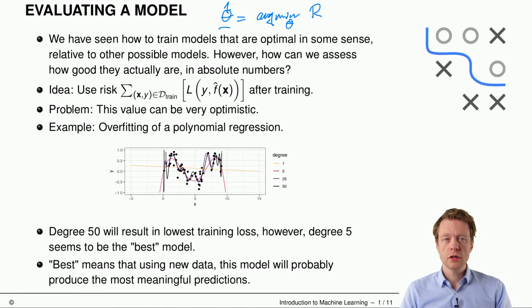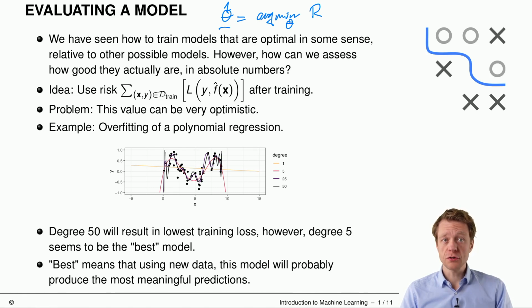So we already know that this theta hat vector or this f hat model is the best model that we can have with respect to the training data in the training sense. But what we do not know right now is how good this model is in absolute numbers. So we do not really know how this model generalizes to new unseen test data.